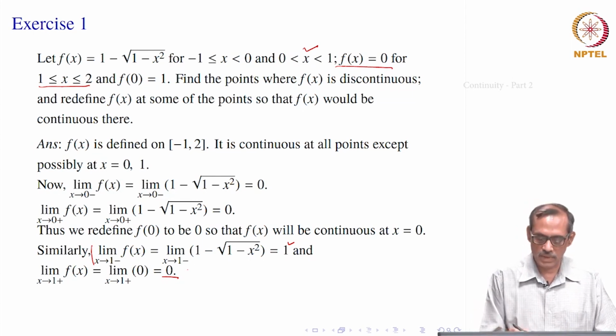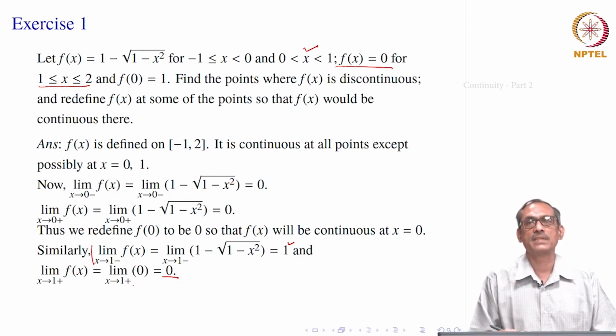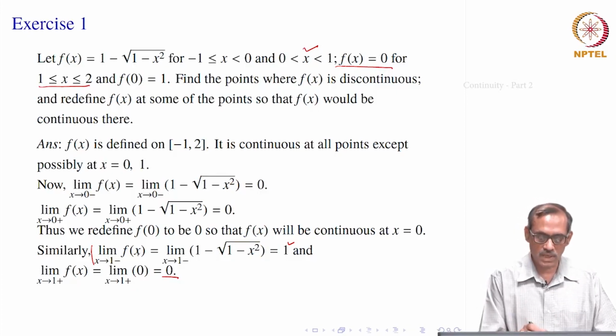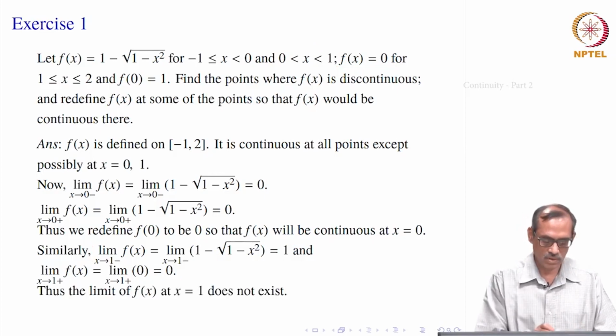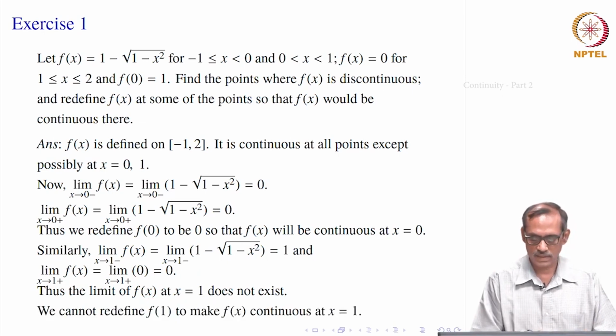That is, the left side limit at 1 is not equal to the right side limit at x equal to 1, though both of them exist. So, the limit of f x as x goes to 1 does not exist. Whatever way we define f of 1, we cannot make it continuous, because this limit itself does not exist. So, we cannot redefine it to make f of x continuous at x equal to 1.